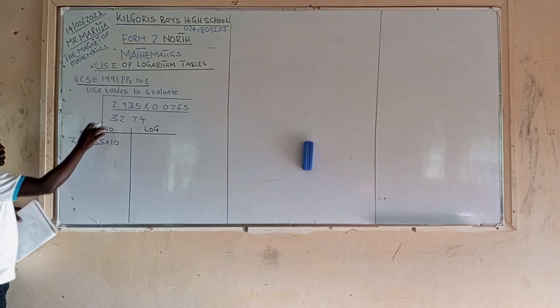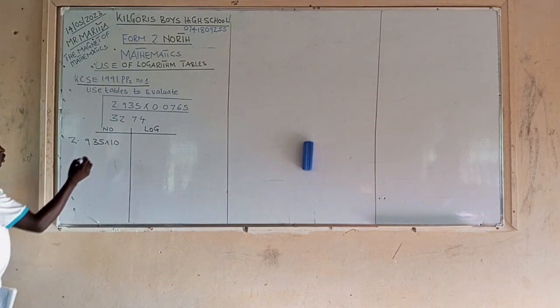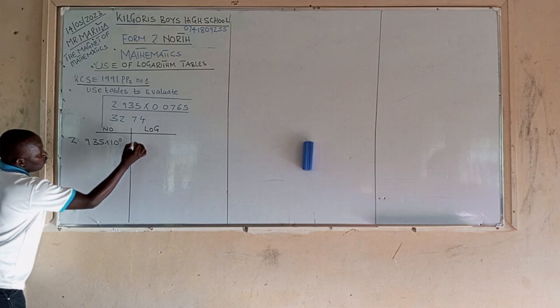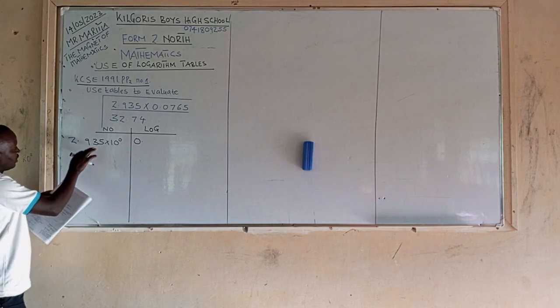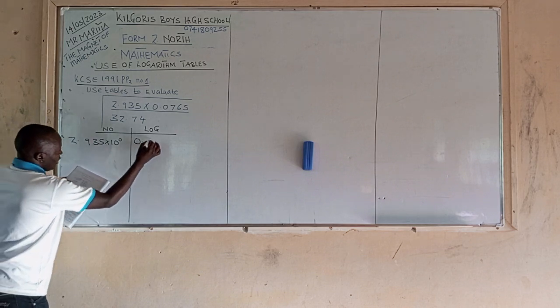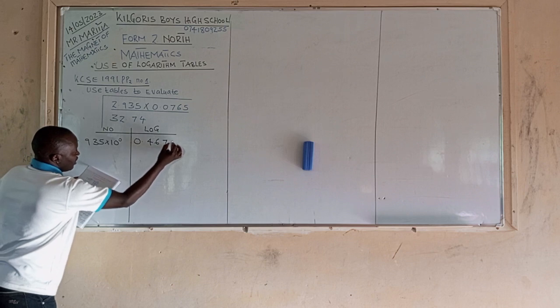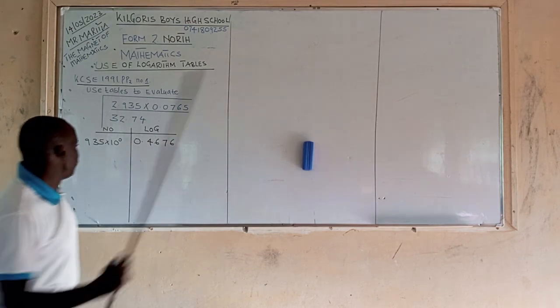Already the decimal place is between the digits 1 to 9, so the power is 0, and therefore this 0 is what we bring here, so we have this as 0 point. Then we read the logarithm of 2.935 from the table, and it reads as 4.676.